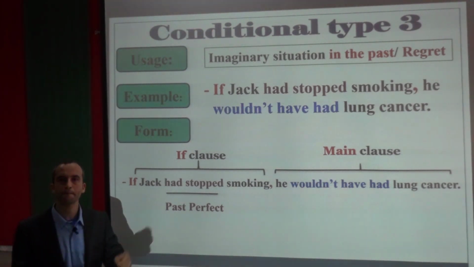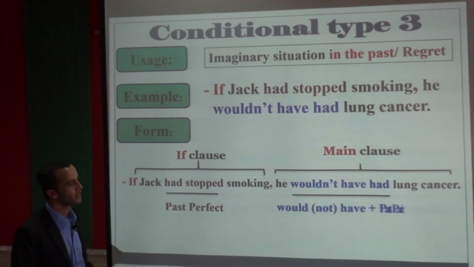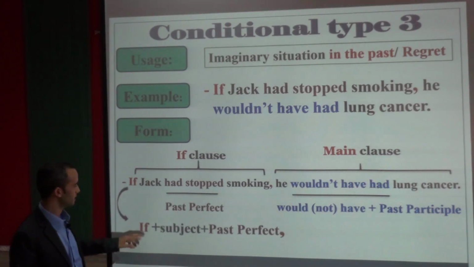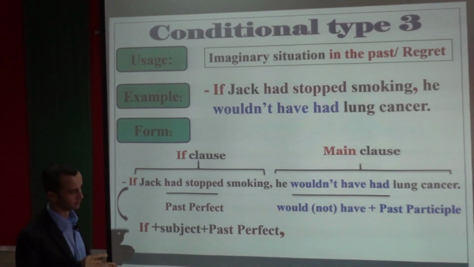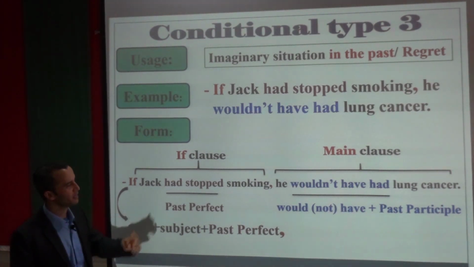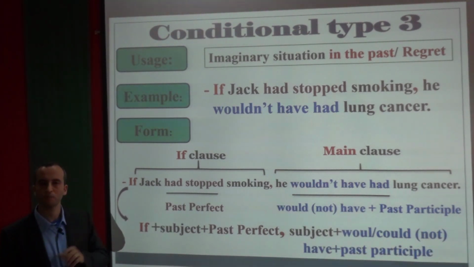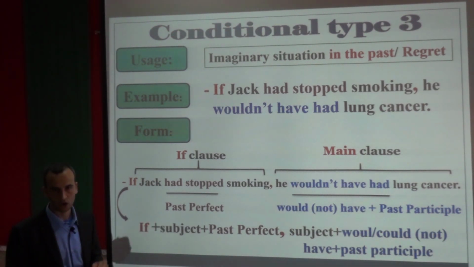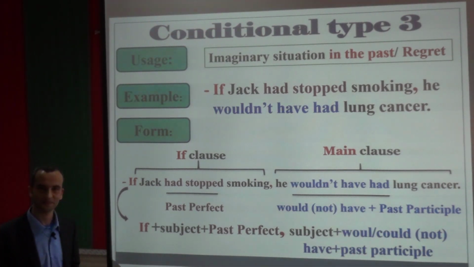So we use the past participle of the verb. In other words, we can say the form of conditional type 3 is if plus subject plus past perfect. Then we have a comma. In the main clause, we may say there is subject plus could have or should have or might have plus past participle. Okay? So this is the conditional type 3.